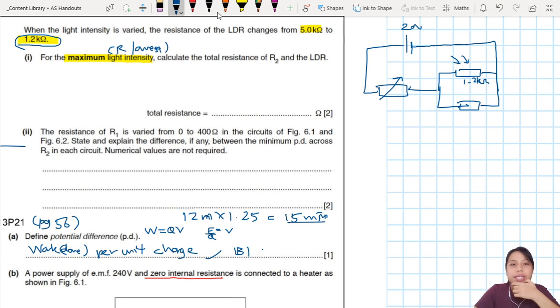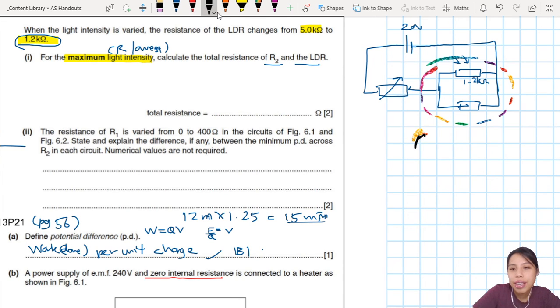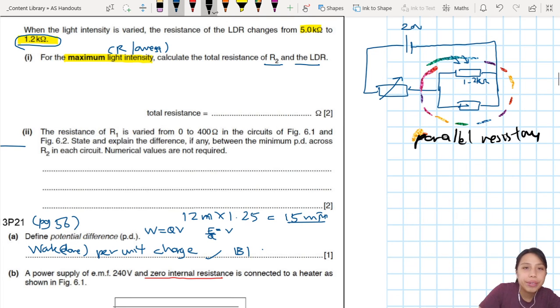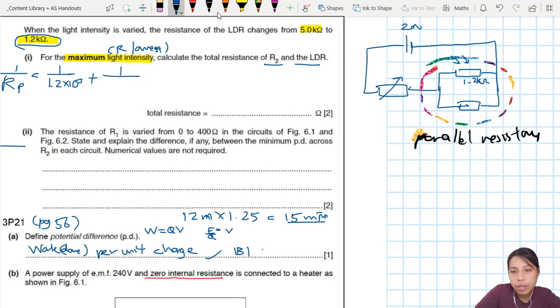Okay, so they're asking us to calculate the total resistance of R2 and LDR. So they're looking for the resistance of this parallel section here. So you need to remember, how can you combine parallel resistance? Well, 1 over R_P, the parallel resistance, equals 1 over the LDR, which is 1.2 kilo ohm, plus, what's the one down there? 600 ohm.